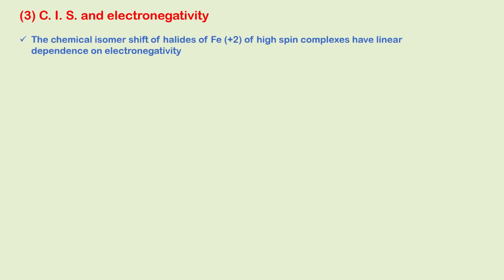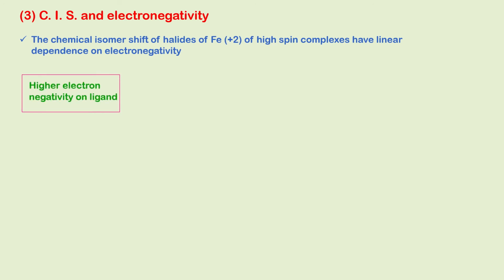Third factor, that is CIS and electronegativity. The chemical isomer shift of halides of Fe plus 2 high spin complexes has a linear dependence on electronegativity. Here the complexes of Fe are high spin.